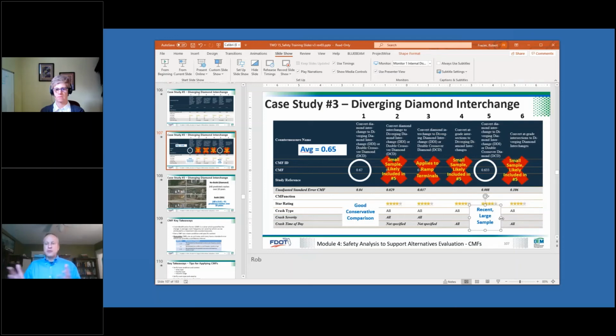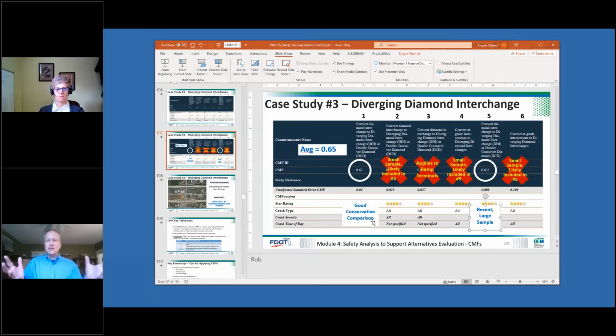But we could apply those standard errors, we could come up with ranges, and decide that we want to report that the predicted crashes are going to be somewhere between X and Y.